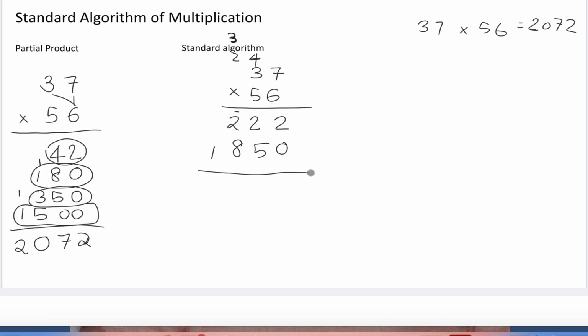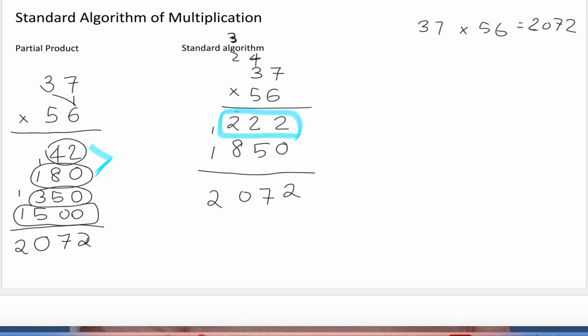And then we can add them together. We have 2, 7, and 2 there. So exactly the same number. Can you connect these two? What we got here is from 37 times 6, isn't it? 30 times 6 and 7 times 6 are these two numbers together. So when you add these two together, you get 222, right?